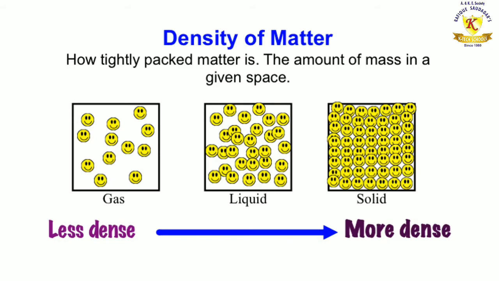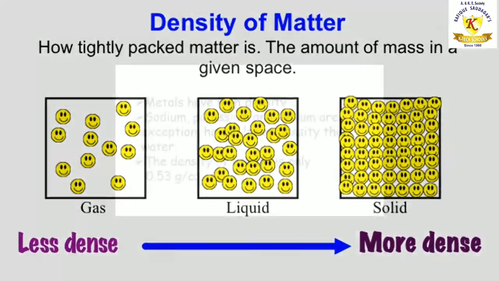Whereas in solid, the amount of mass is more, therefore solid is more dense. So, metals have high density. Are you understanding this, children? Good.